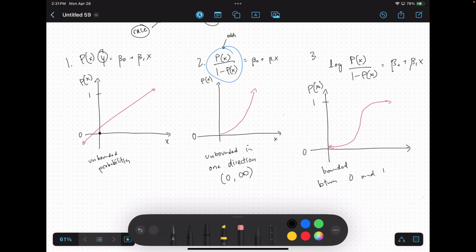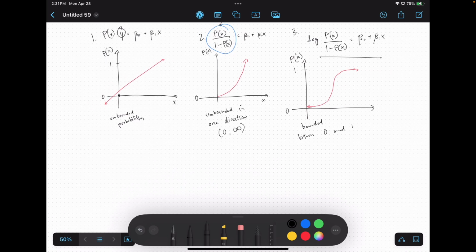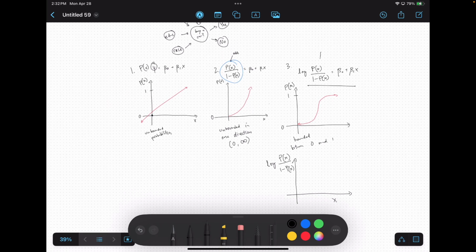And importantly, this regression becomes possible because if I were to plot x versus log p of x over 1 minus p of x, which is known as the log odds, then you get a straight line.